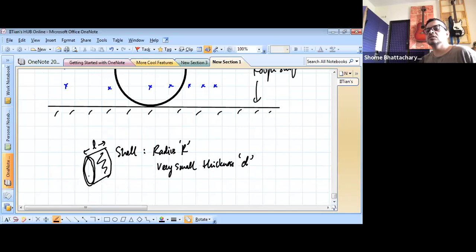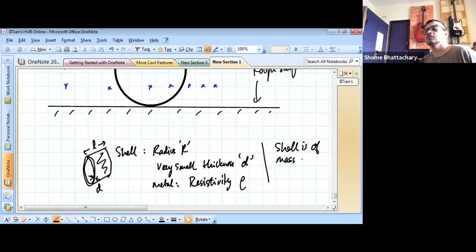This thickness over here, that is d, very small, and the metal has resistivity ρ, and also the shell has mass m. The whole shell has mass m. So this is the property of the metallic shell.